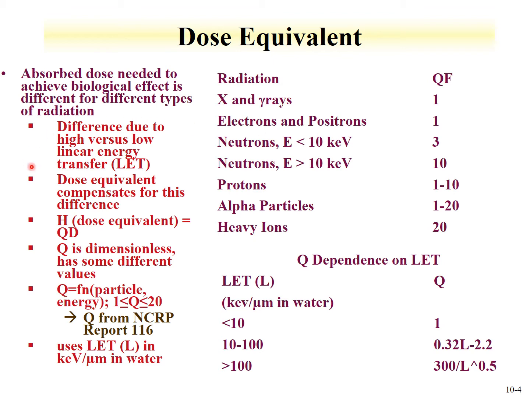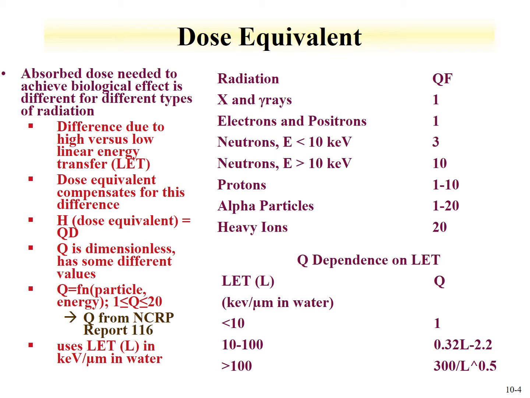The difference is really driven by the linear energy transfer, and we're going to call this dose equivalence. To compensate for this, the dose equivalence will be equal to the dose D times Q, where Q is some dimensionless value. There are a number of reports out there which define what this value should be. It's often a function of the particle and the energy. Q can vary from 1 to 20.